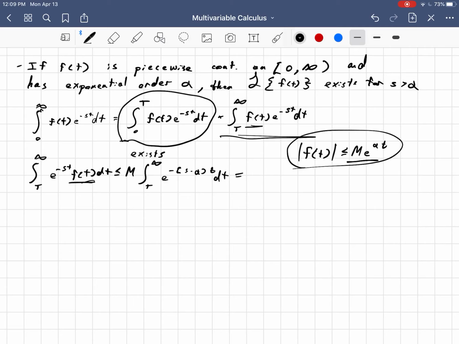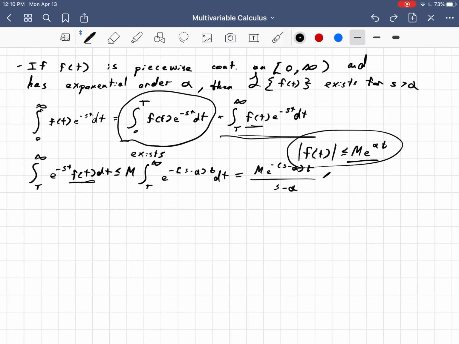And then I just use exponent properties. So this integral here just becomes m e to the negative of (s minus alpha) t over s minus alpha. And when we plug in this t here, that's just a number.